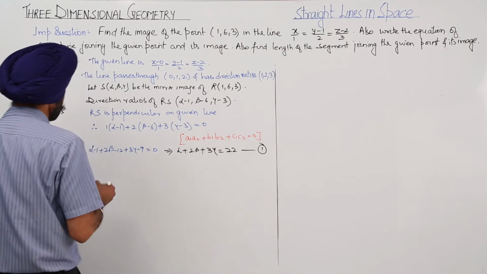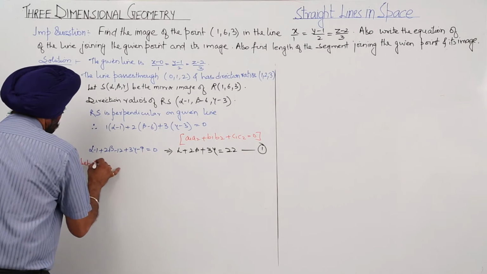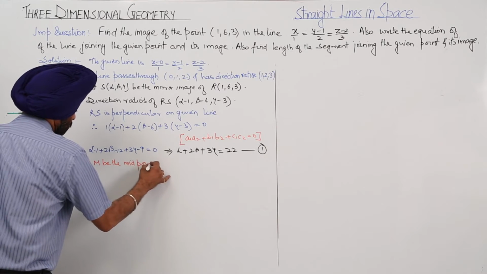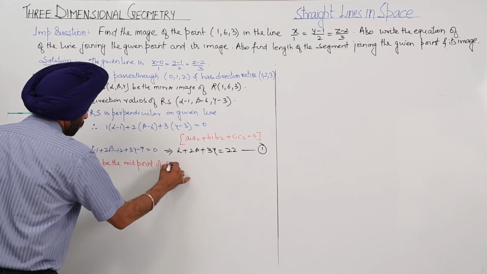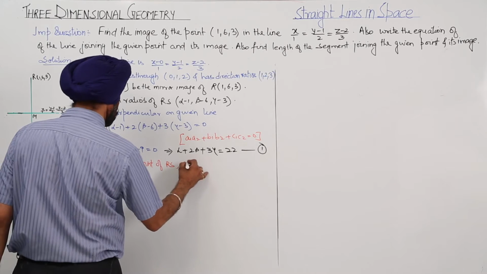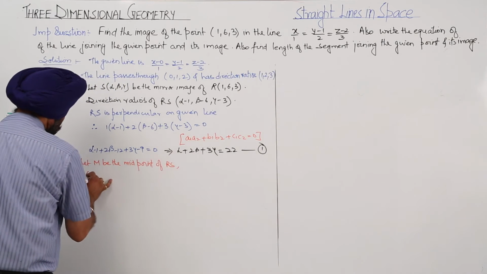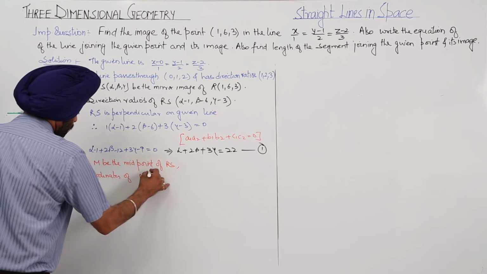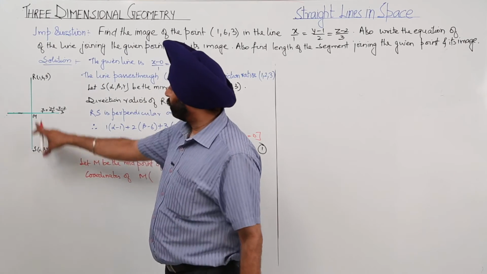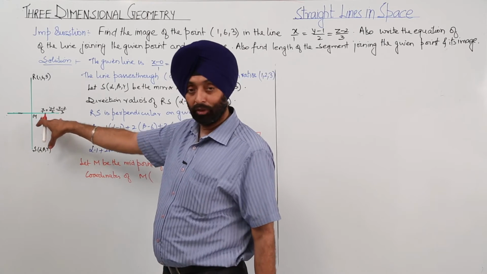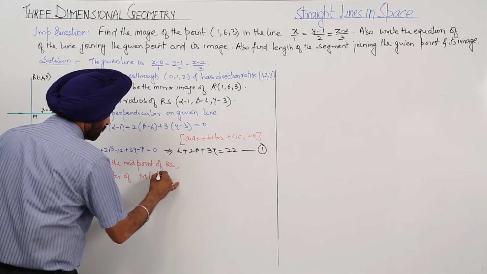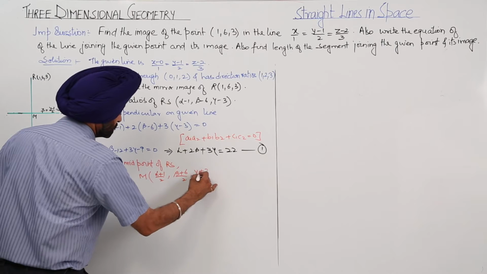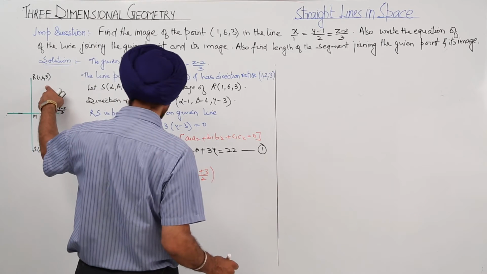Now let M be the midpoint of RS. The coordinates of M are, using the midpoint formula, alpha plus 1 upon 2, beta plus 6 upon 2, gamma plus 3 upon 2, because the coordinates of R are 1, 6 and 3.